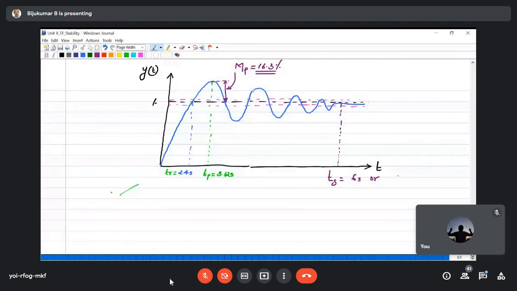How much did we get? Yes, 8 seconds for the 2% band, meaning the system reaches the steady state value within 8 seconds. Oh, sorry. This is the 5% band, so 6 seconds.